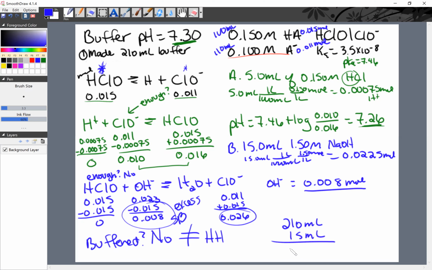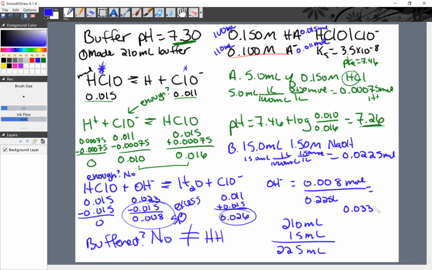So my volume right now is 225 mL, so 0.225 liters. So the concentration of my excess strong base is 0.008 divided by 0.225, which is 0.033.